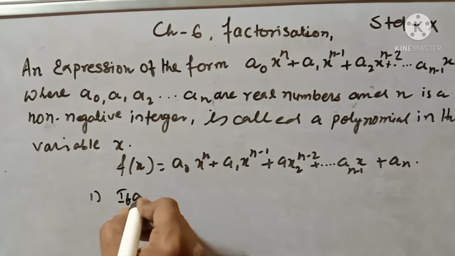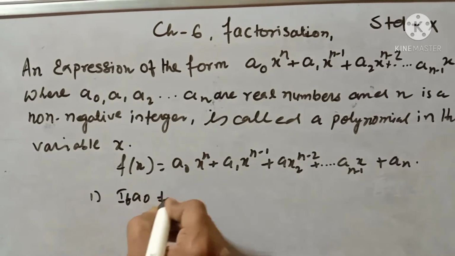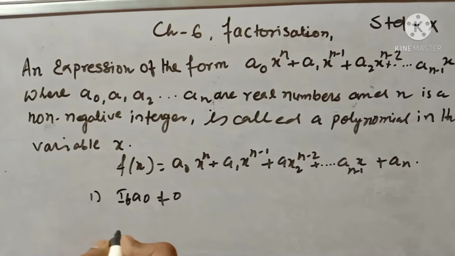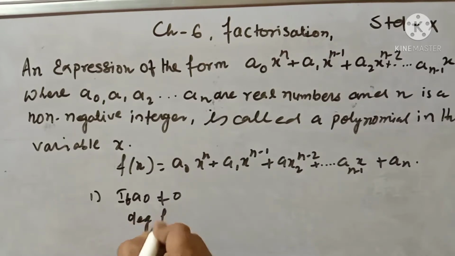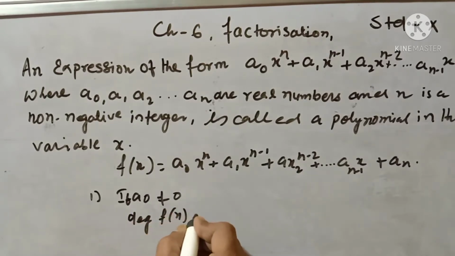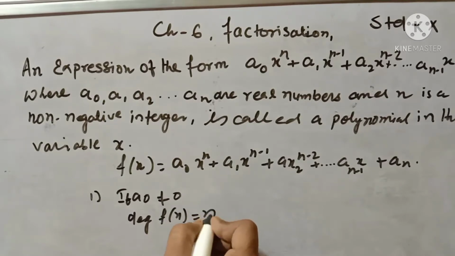If a0 is not equal to 0, then the degree of the polynomial f(x) is n. The degree of a polynomial can never be negative, remember.